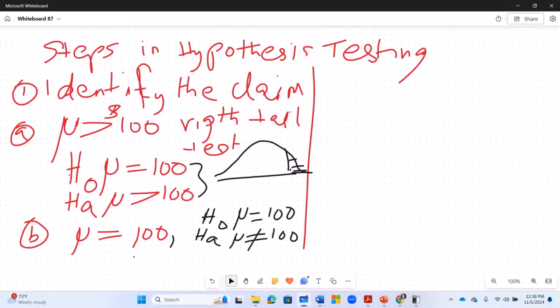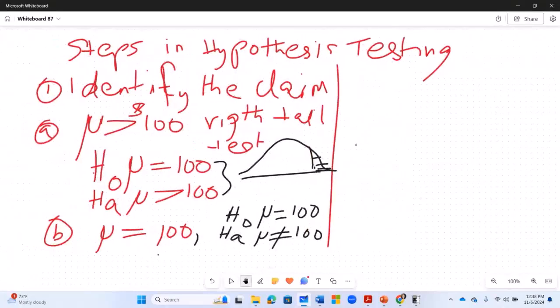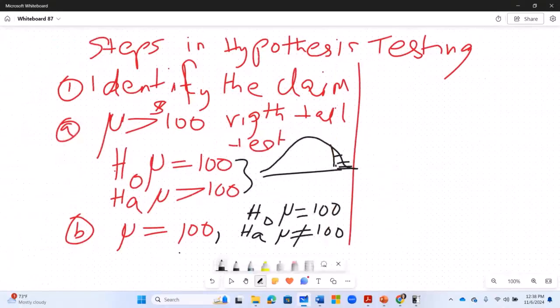In other words, the alternative hypothesis is the equal sign. So I am going to draw a normal curve, and I'm going to draw it here. In this one, we call it two-tailed.